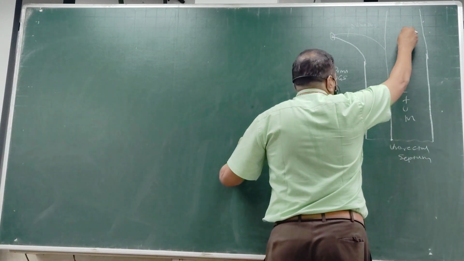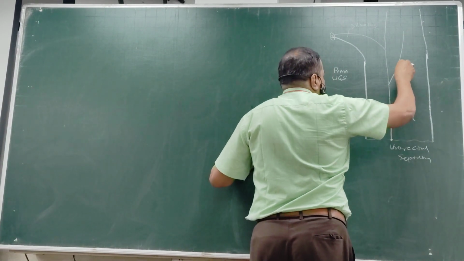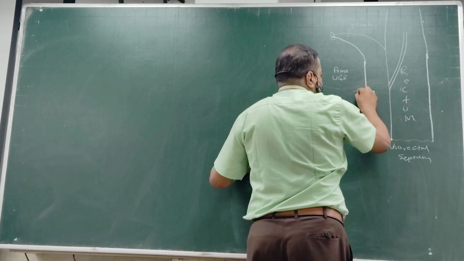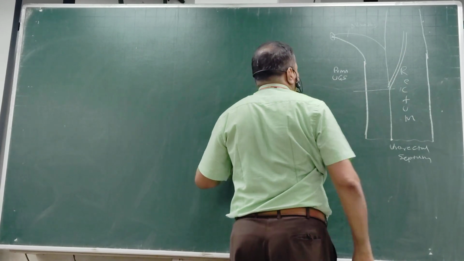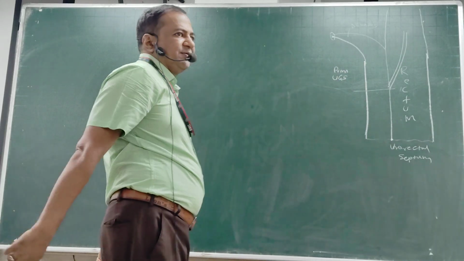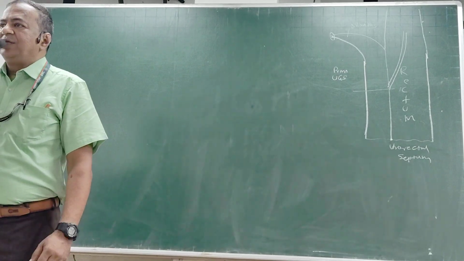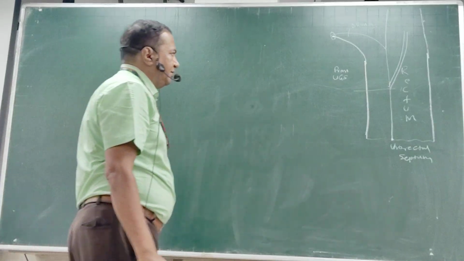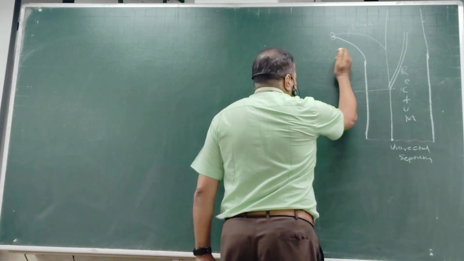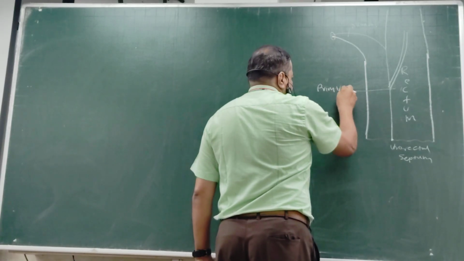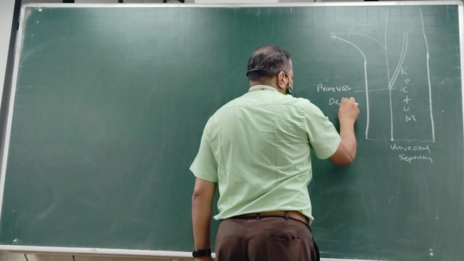Here is the opening of the mesonephric ducts, and point where the mesonephric ducts open on both the sides. The part below that is called definitive urogenital sinus.